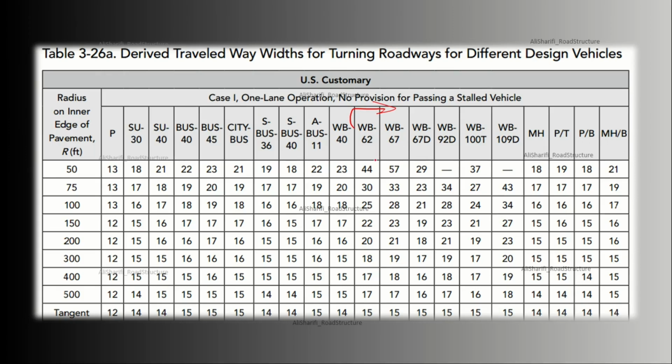I have simulated the case 1 for WB62 and also WB67 in AutoTurn software, and for our values of 50, 75, 100 and 150 feet, I got smaller widths, which I'm writing down here: 30, 33, 26, 28, 25 is okay, 26, 20, and 21.